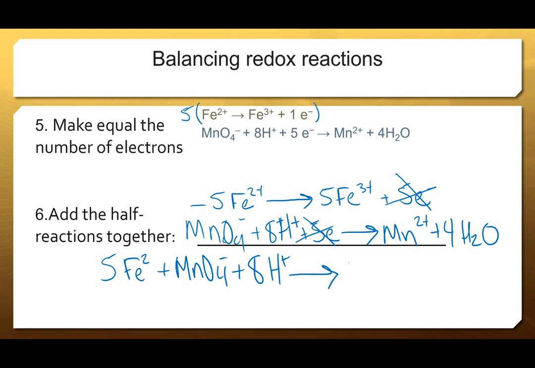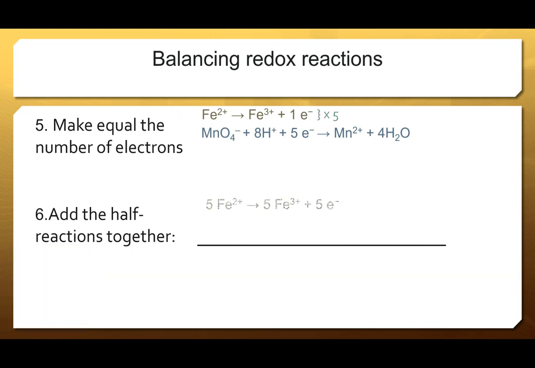And on the product side, I've got 5 iron ions, a manganese ion, and 4 water molecules. So that is the balanced redox equation for this example.